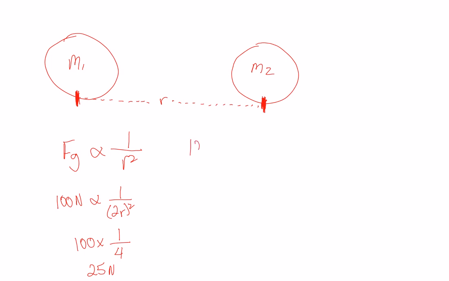So what would happen if we halve the distance? So if we took the 100 newtons and we did 0.5 of the distance, so we'd have 0.5 of r squared. So when you do 0.5 squared, you actually get 0.25.